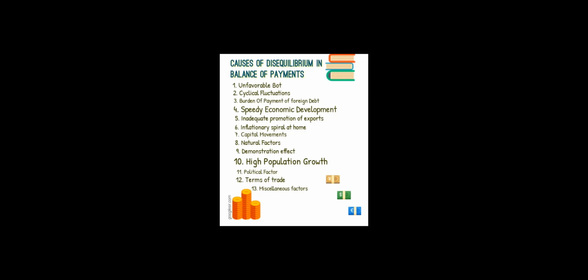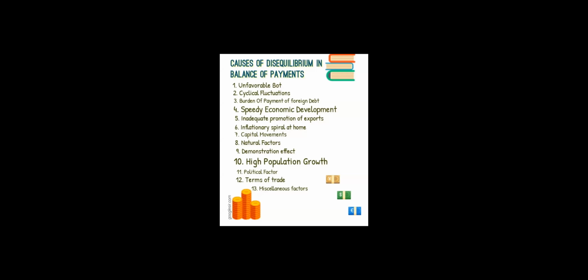When the people of underdeveloped nations come into contact with the people of advanced countries due to economic and other social and political relations, they desire to have a Western style. They want a good pattern of consumption, so that their propensity to import rises, whereas their export quantum may remain the same. So that also becomes a cause that may affect the balance of payment, that may become a reason of disequilibrium in the balance of payment for the country.